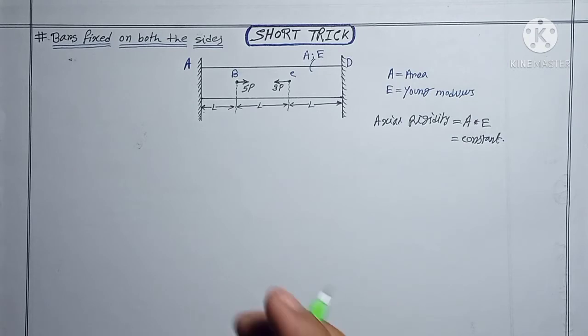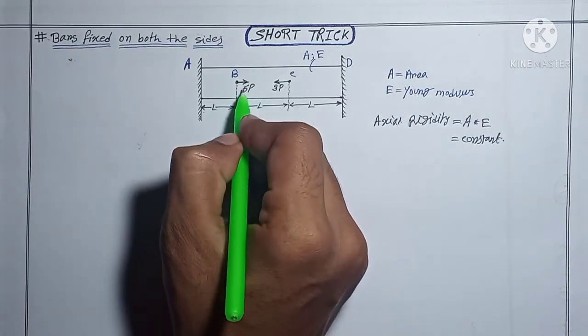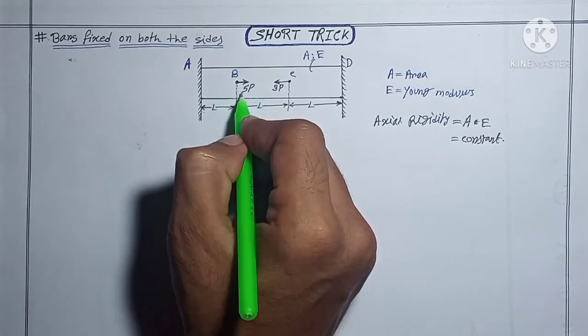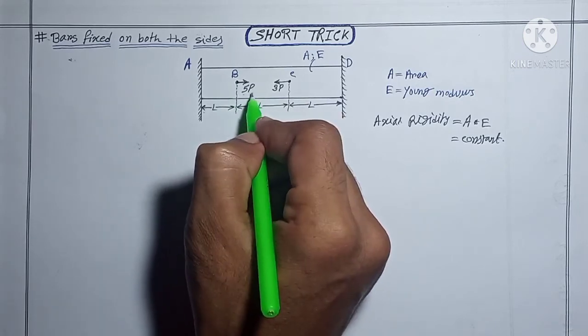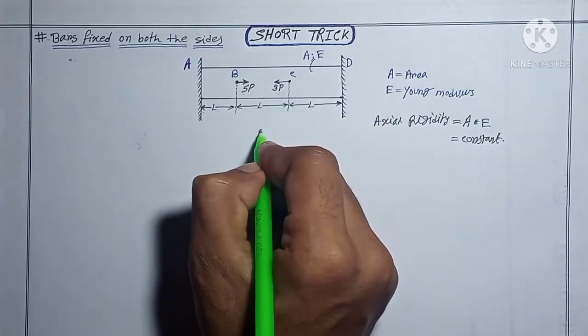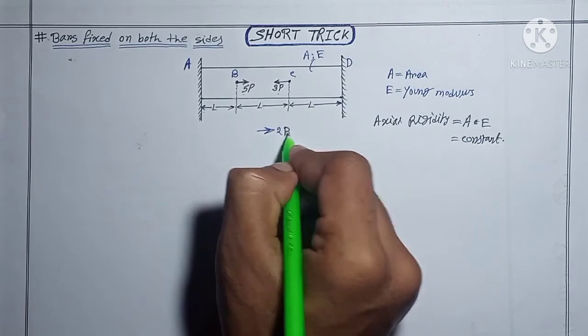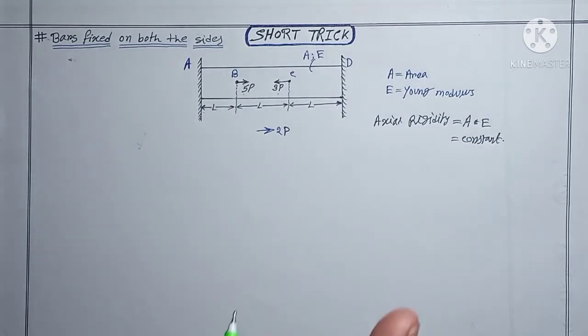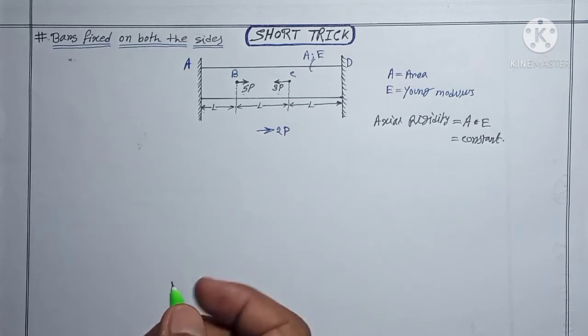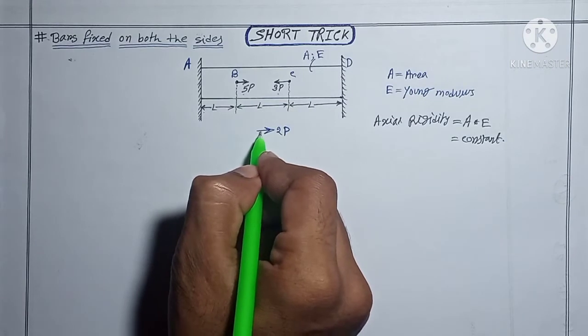Next, first step, you have to observe the direction of forces. Here 5P force acts towards the right and 3P force acts towards the left, so we can say a net 2P force acts in this direction. You have to provide the direction of the reaction forces created at these two points opposite to this resultant.